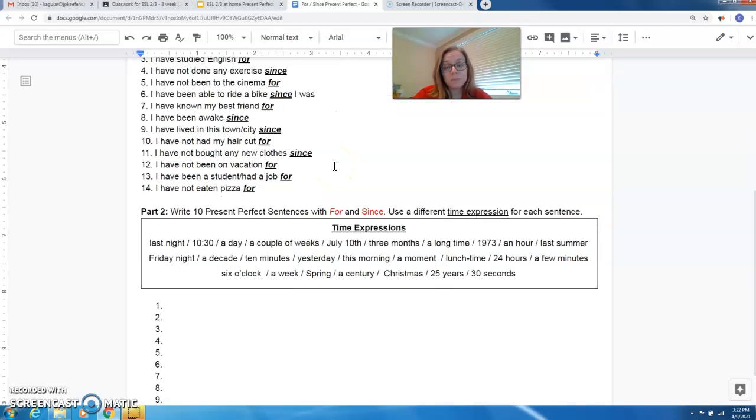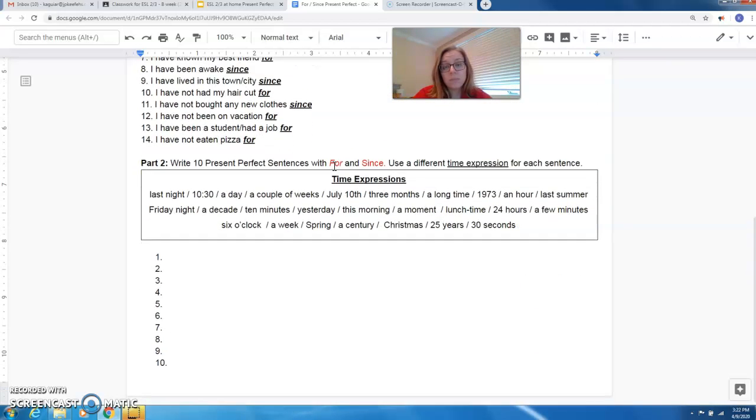Now part 2, write 10 present perfect sentences with for or since. Use a different time expression for each sentence. So use all of these time expressions. Okay, example. Let's use a couple of weeks.